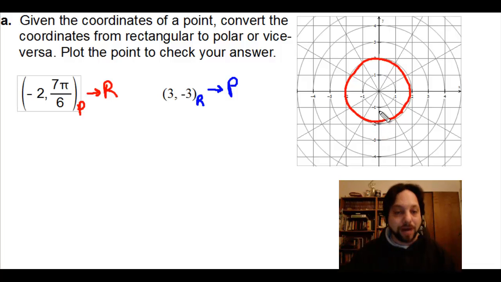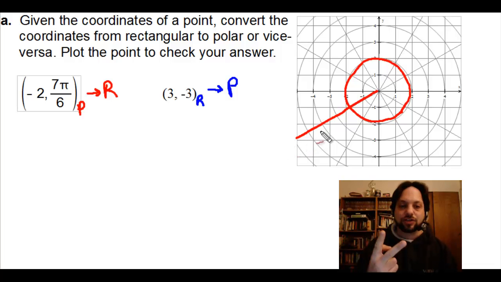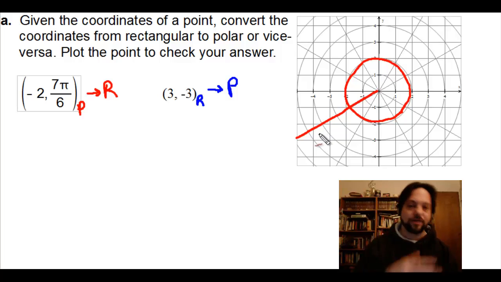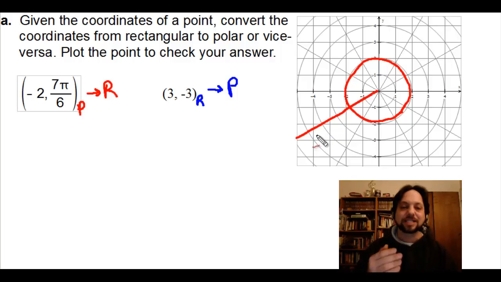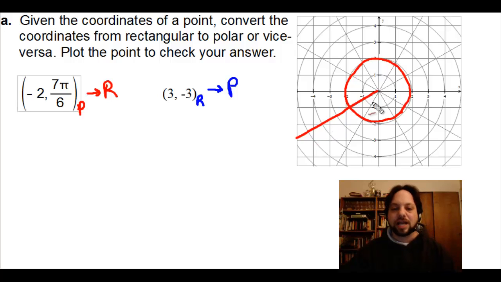Now, 7 pi over 6, you should be familiar with where that angle is, and that's going to be right there. Now, the question is, where does negative 2 as my r value and 7 pi over 6 as my theta value intersect? And I know your first thought is that they probably intersect right here. However, I'm going to caution you.